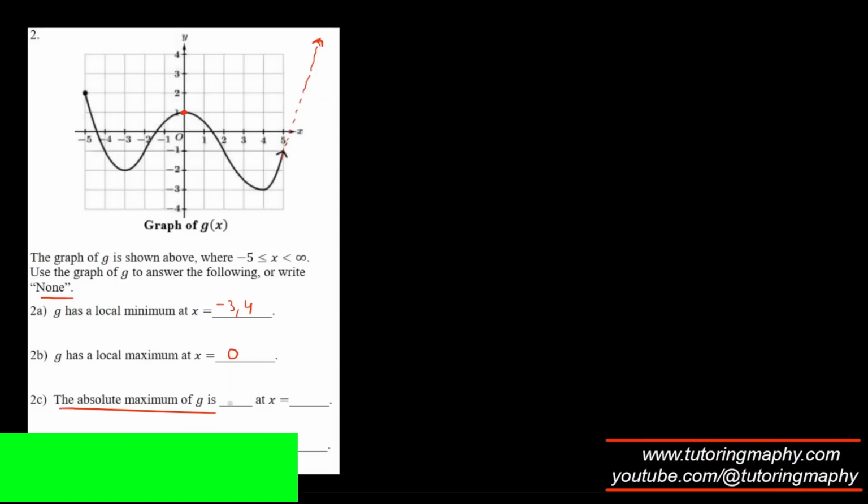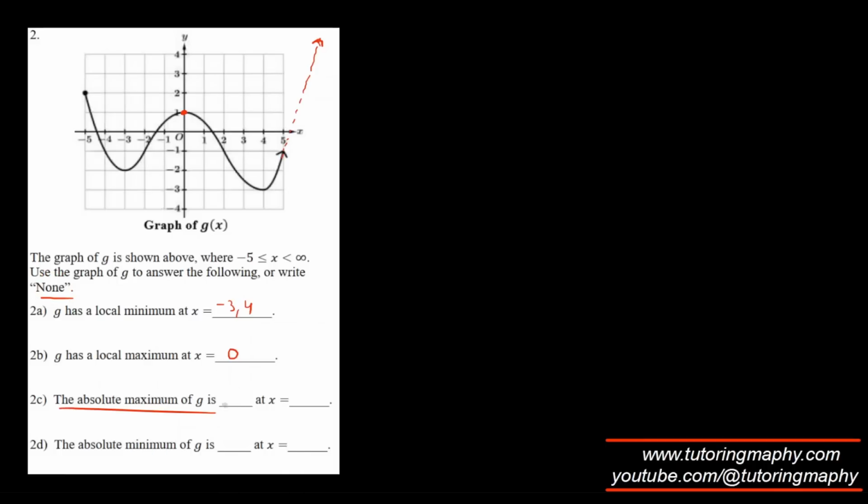So we'll say that the absolute maxima of G, since they're asking me to write none, I'm just going to write none. The x value is irrelevant here because it just keeps climbing on and on, right? So the maximum value is infinity, and whenever there is an infinity, either you write does not exist, or in this case, you just write none.